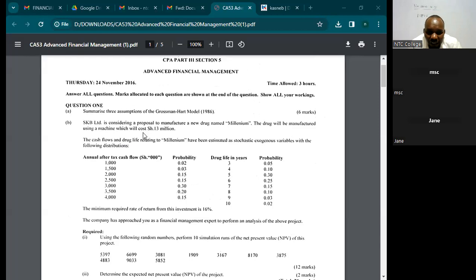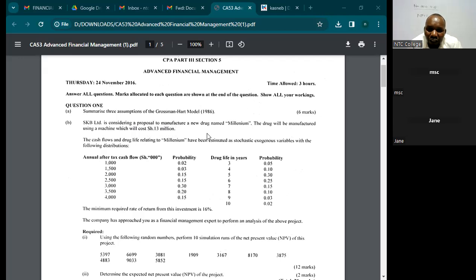SKB Limited is considering a proposal to manufacture a new drug. Now, from here, you know that when you are manufacturing a new drug, that drug should give you revenue. And then the cost of buying the machine to manufacture it is the initial outlay. So, when you read the question, the first thing should give you some hint that this person is going to manufacture a drug.